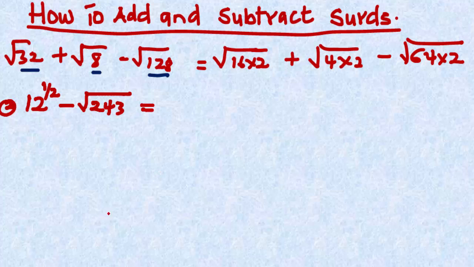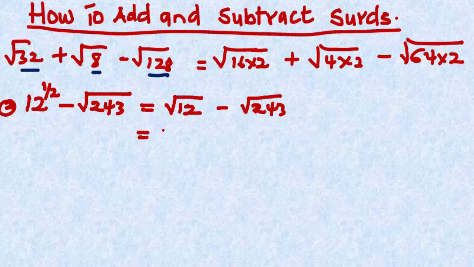Okay, now if the exponent is half, you can rewrite it as a root sign. So we have root 12 minus root 243. Now in this case, 12 and 243 are not in their basic form, so we need to reduce them.